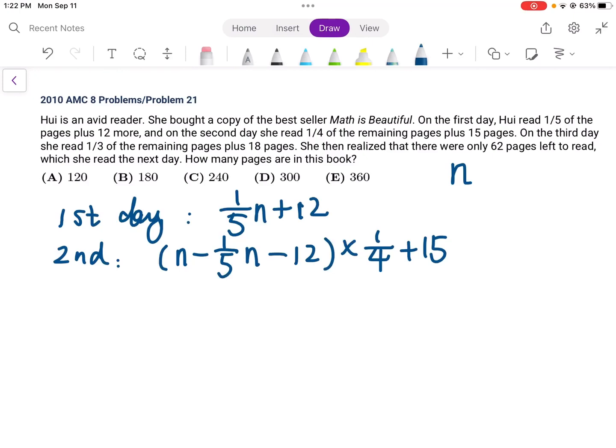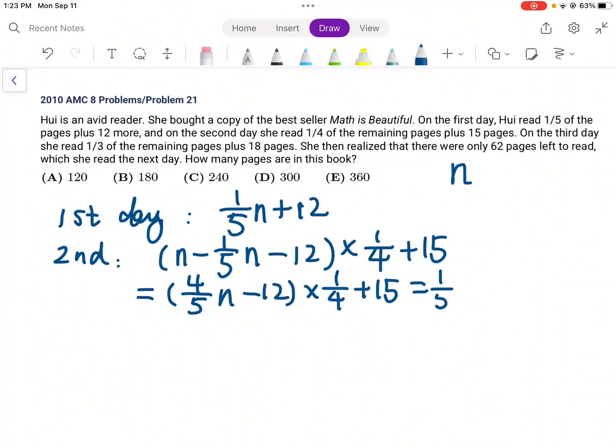And let's simplify that. That equals (4/5 n subtract 12) multiplied by 1/4 plus 15, and that equals 1/5 n plus 12. So the second day, she reads the same pages as the first day.